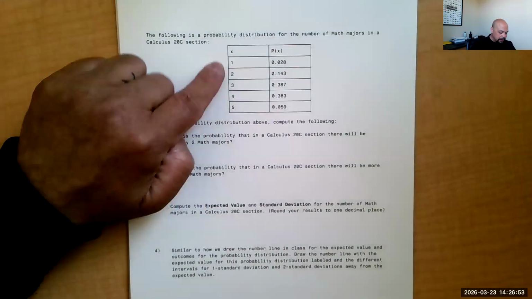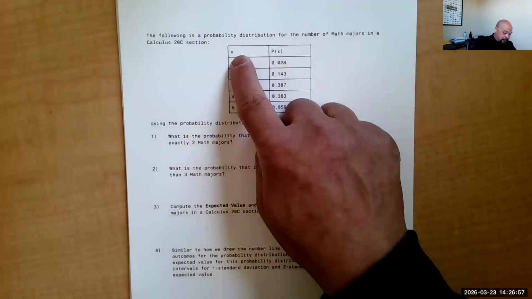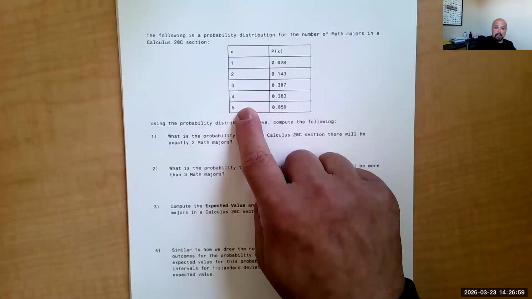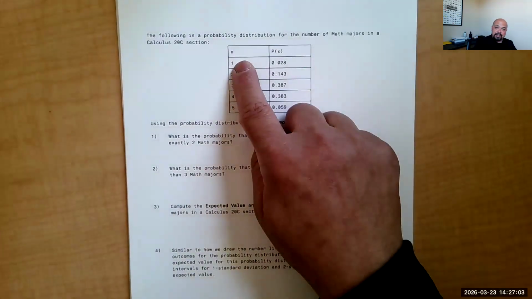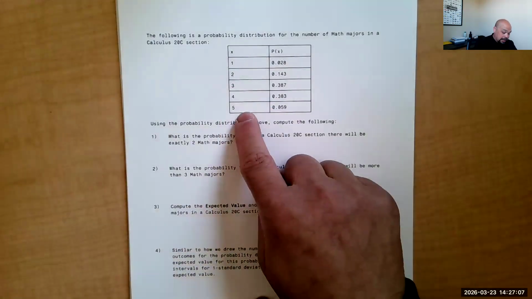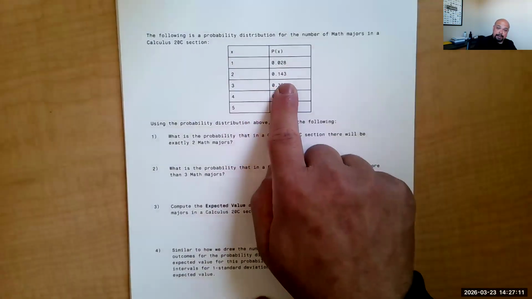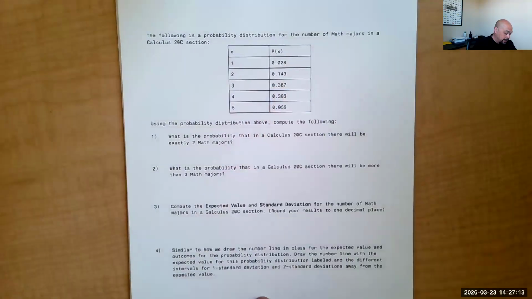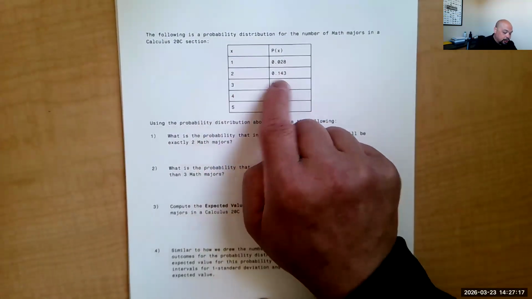Most often they're going to be whole numbers, but depending on what our variable represents, it can take on a broad set of values. It doesn't have to start at 1, doesn't have to start at 0. It can start anywhere, as long as it represents a particular quantity for us. And alongside are their associated probabilities, the likelihood of getting a 1, the likelihood of getting a 2, and so on.